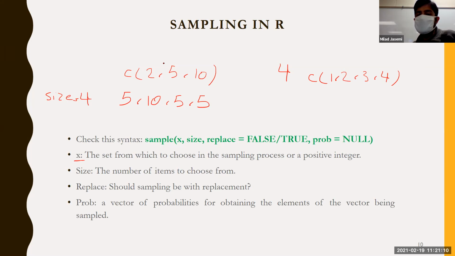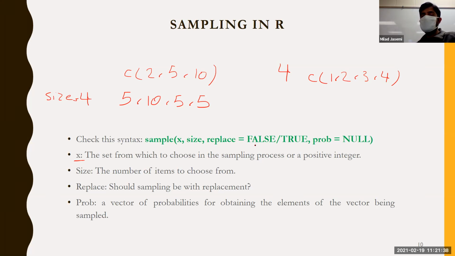But remember, replacement was here. When I get 5 from this set, I replace it and again do the sampling. I get 10 because I have replaced 5. So in the third trial, I get it again. I got it again.